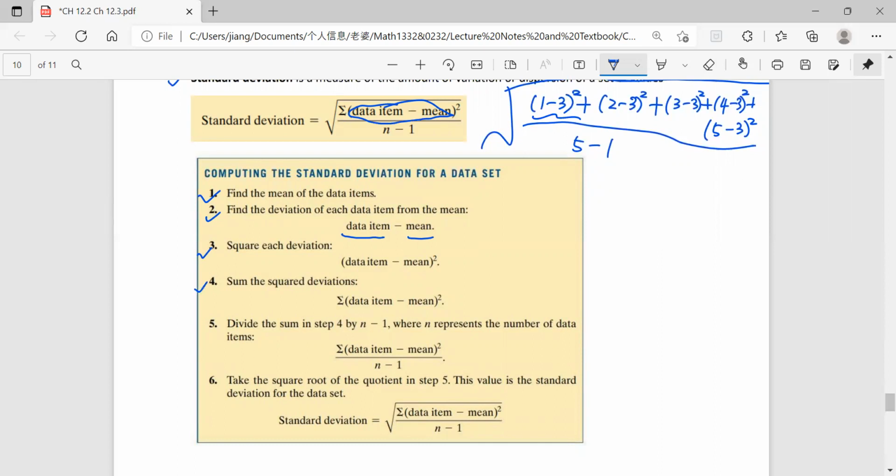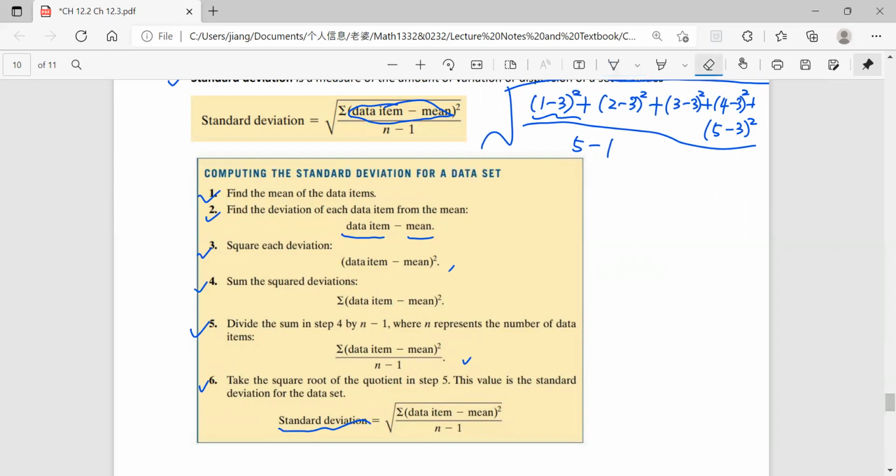And then fourth step, sum the squared deviations. So add all of the previous step together. The fifth, divide the sum in step 4 by n minus 1, where n represents the number of data items. And then last step, take the square root of this value, and we got the standard deviation.